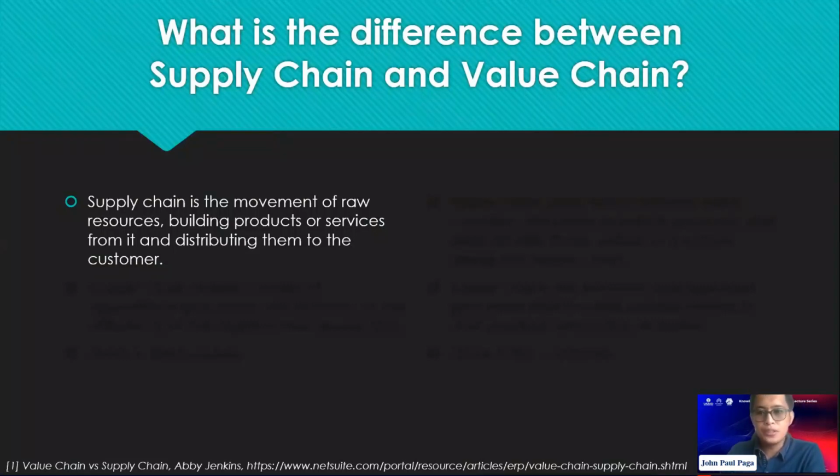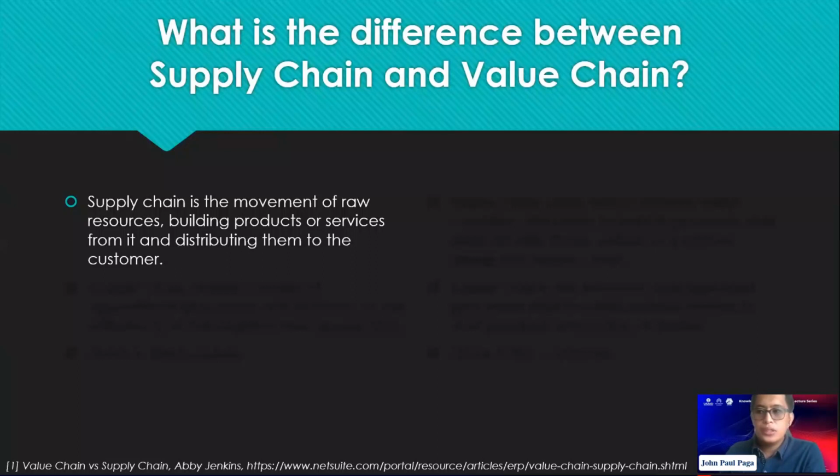So sometimes kasi these two terms are being used interchangeably, but actually they are of different perspectives.